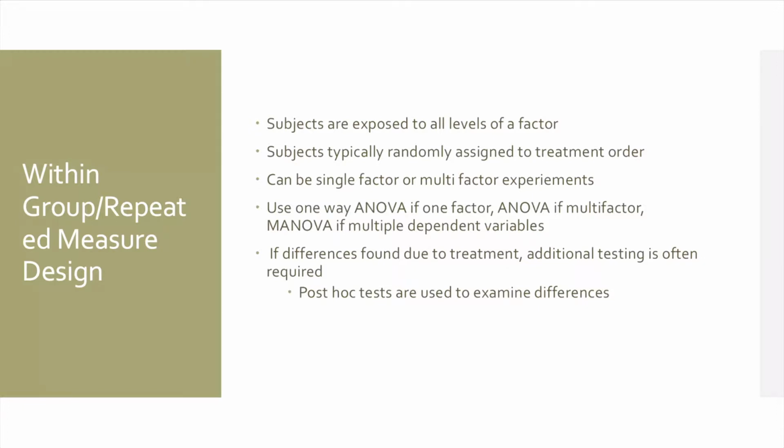Because of the potential of a learning effect, we talked about this in the previous unit, the fact that when they're tested or measured multiple times, they may perform better as they learn or get better at doing the task, we randomize the treatment order typically. So if there are 3 treatments, a vibrating foam roller, a non-vibrating foam roller, and a control group, and we're going to have the people use the different foam rollers, we would do it in random order.